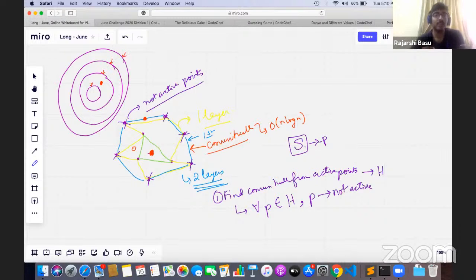So your answer is basically the number of convex hulls inside which the candle point lies. So here, for example, your answer is 3. So you iterate over all the hulls from inside out. When you see that the candle point is contained inside the next hull, you just break your loop, and whatever the number of hulls outwards was, that's your answer.